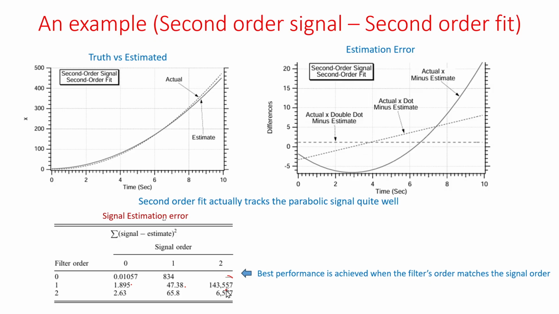Now, there is a question: how will you know, because your truth will be unknown? You will be given only some measurement points, and with those you have to give some kind of fit. So, what could be the rationale behind choosing the order of your model? Suppose in a tracking example, you are estimating position, velocity or acceleration. You will have at least some approximate knowledge of your vehicle dynamics.